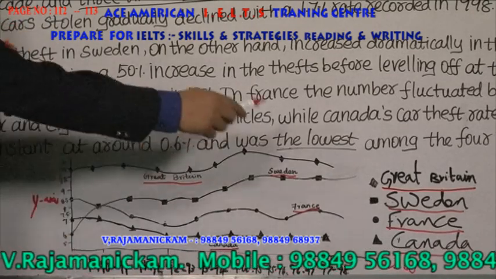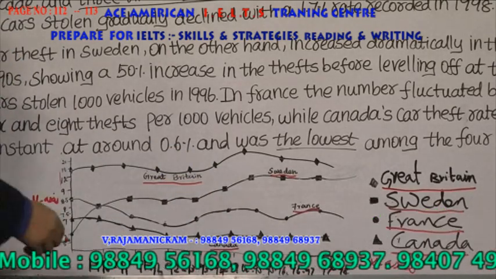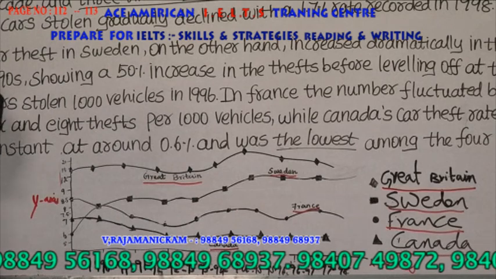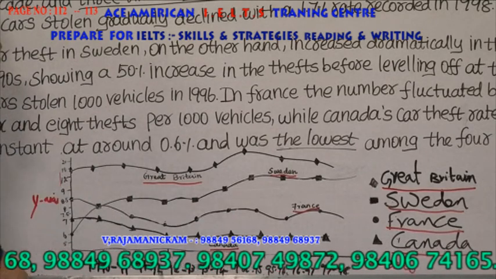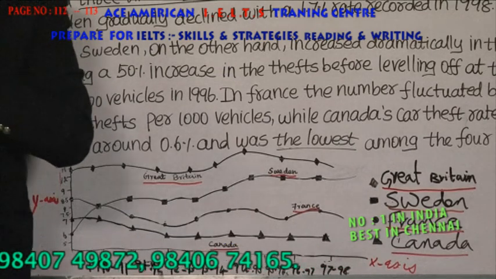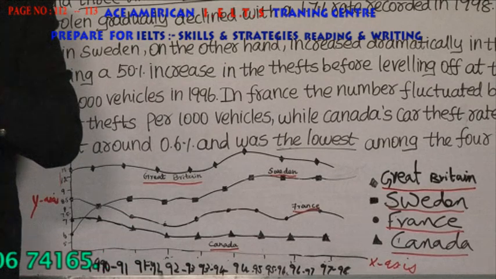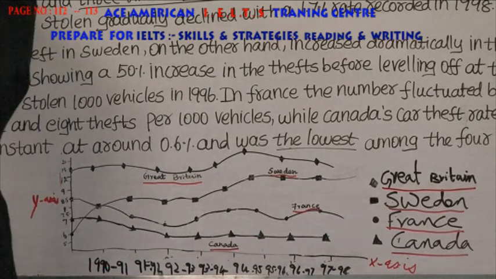So 4 countries, the x-axis all the years and the y-axis number of cars per 1,000. According to the graph, how many cars have been stolen? In Great Britain, the most number of cars have been stolen. Right, sir? Able to understand? Are you clear about it?